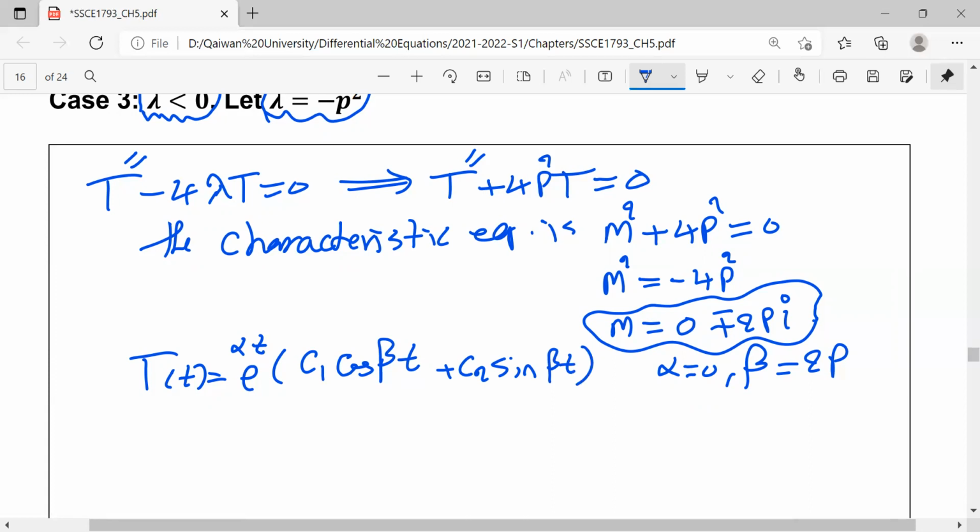Now we replace alpha and beta by the values here. Alpha is 0, so we get e to the power 0. E to the power 0 is 1. So this is gone. Okay?